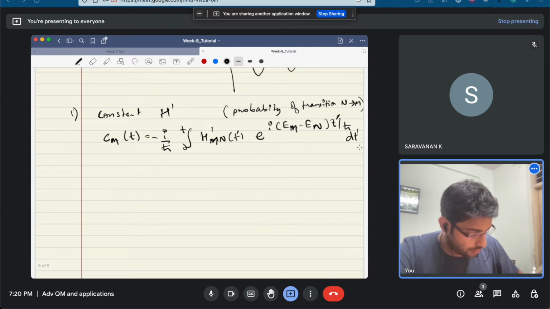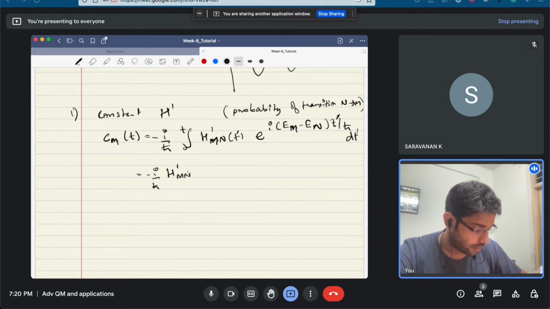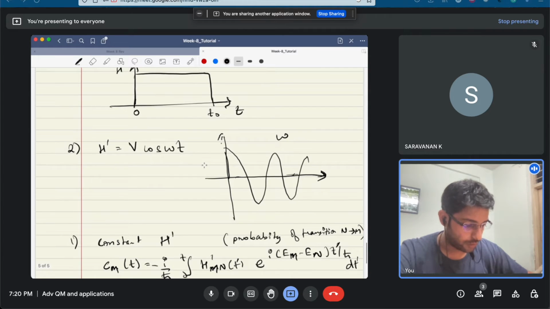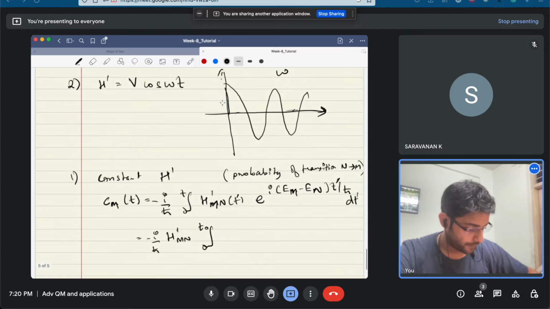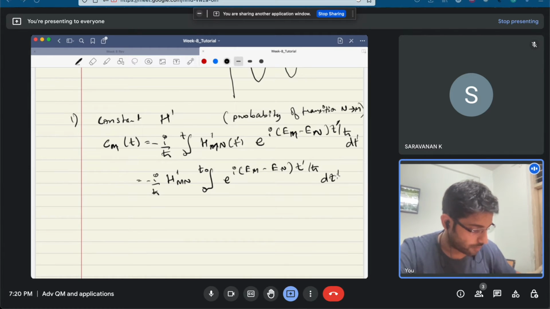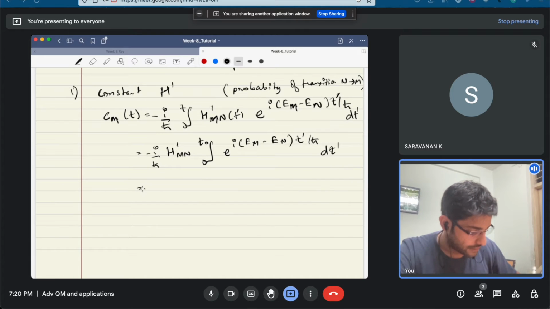Now here you can essentially take out your H prime. It is independent of time, and the integration goes from 0 to t naught, because the function is only valid till t naught, and after that it's 0. So what we get here is the integral of e to the power i (Em minus En) t prime by h bar, dt prime, and this integration is straightforward.